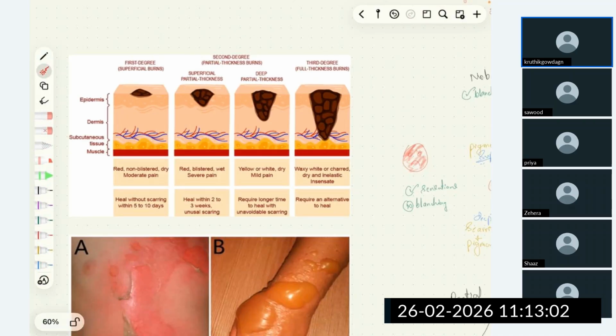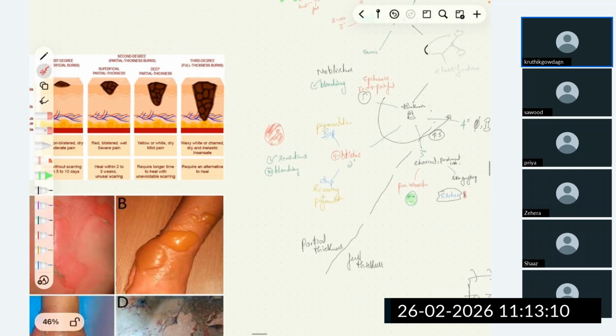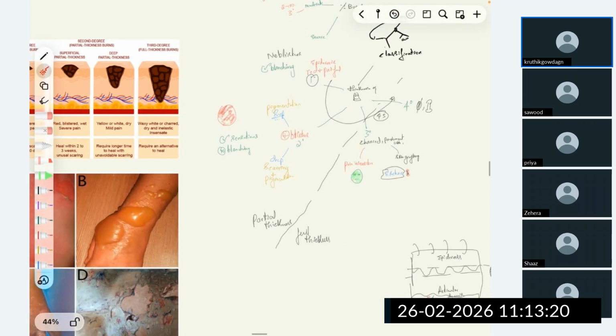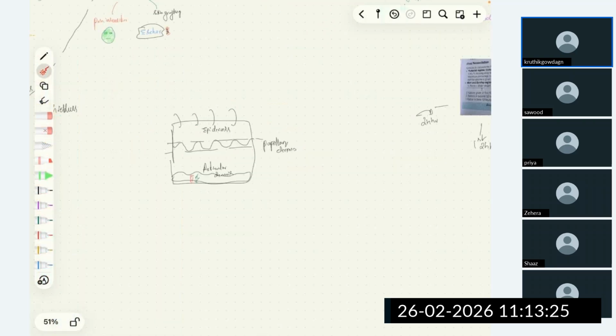The deep second degree burn involves complete epidermis, papillary dermis, and part of reticular dermis. As you go from first degree to second degree, superficial and deep, one structure is being added. First, epidermis was involved. In second degree, the papillary dermis got involved, and in deep second degree, the reticular dermis got involved. You'll see in third degree, the entire thickness of skin will be involved.